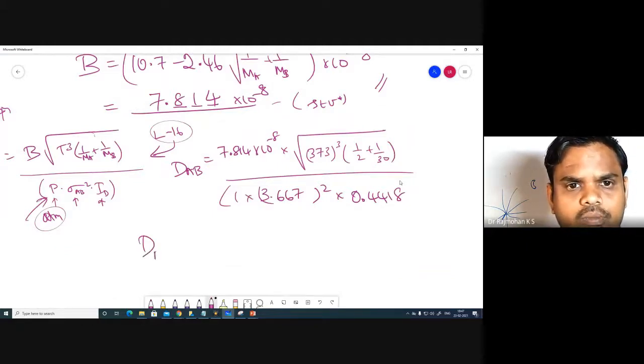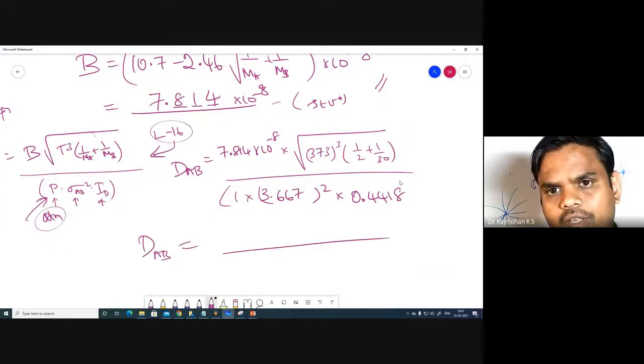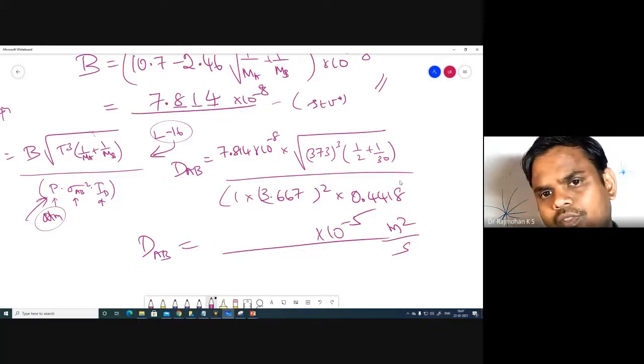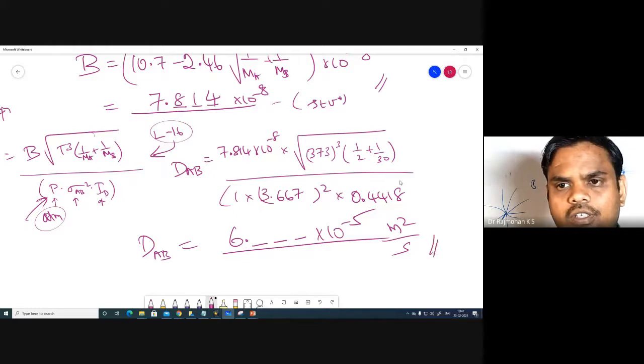So what is your DAB value? We will get it in the range of 10 power minus 5 meter square per second. You get 6 point, three digits. Use your calculator and do it yourself.